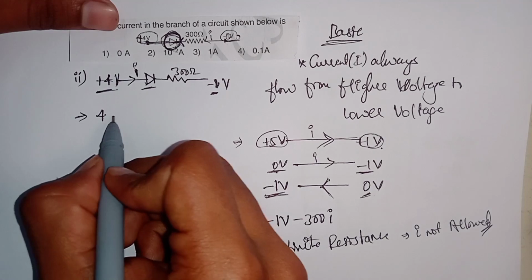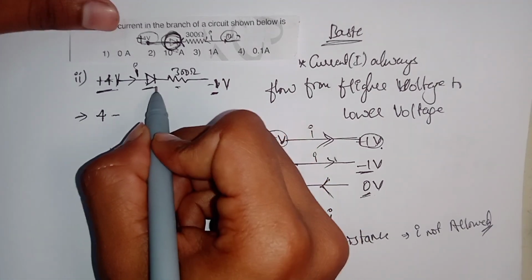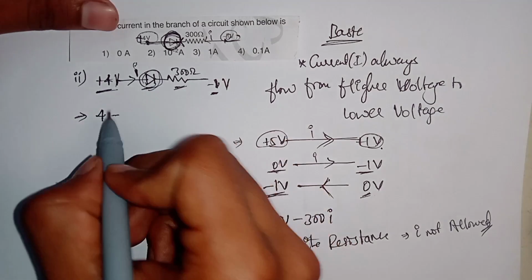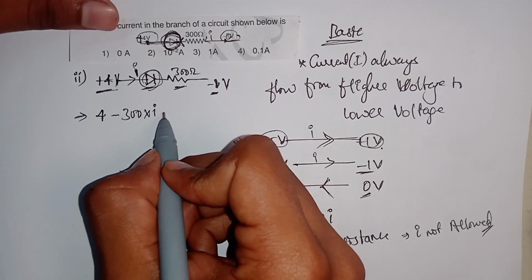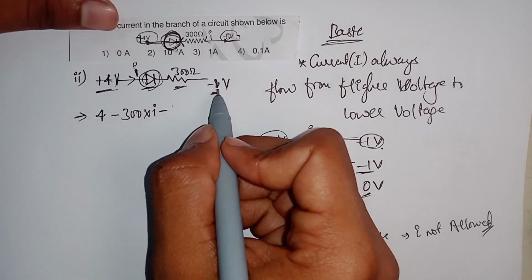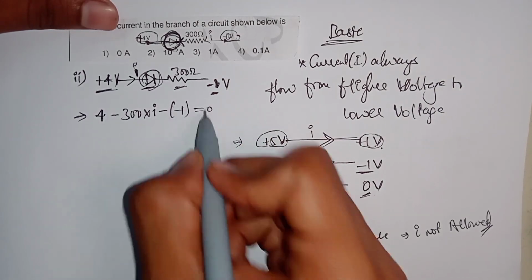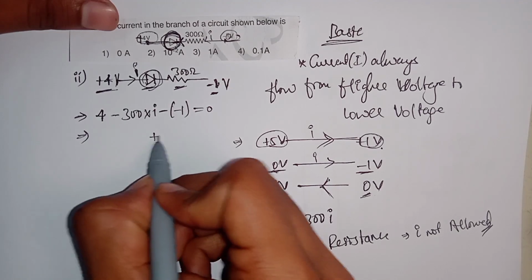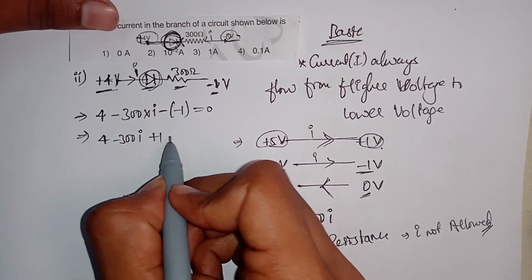According to Ohm's law, they have not mentioned any resistance for the diode, so we are not bothered about that. Next we get 300 resistance into current going. Next we get minus of the minus 1 volt that they have given, equal to 0. Minus into minus gives plus 1, so 4 plus 1 minus 300I is equal to 0.